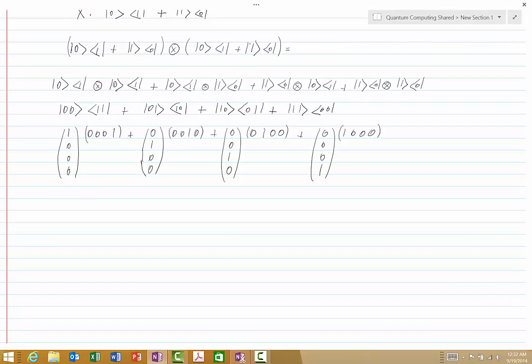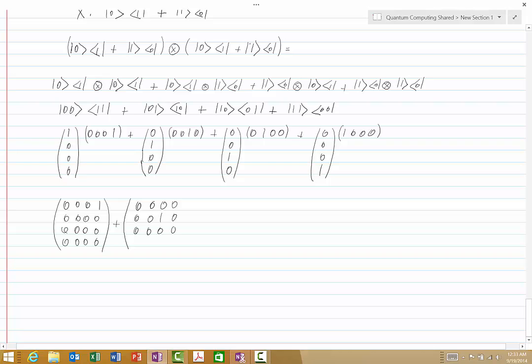We will get, for the first one, a matrix with a single 1 in the top right corner and zeros elsewhere. For the second, we will get a matrix with a single 1 and zeros elsewhere. For the third one, we'll get that.